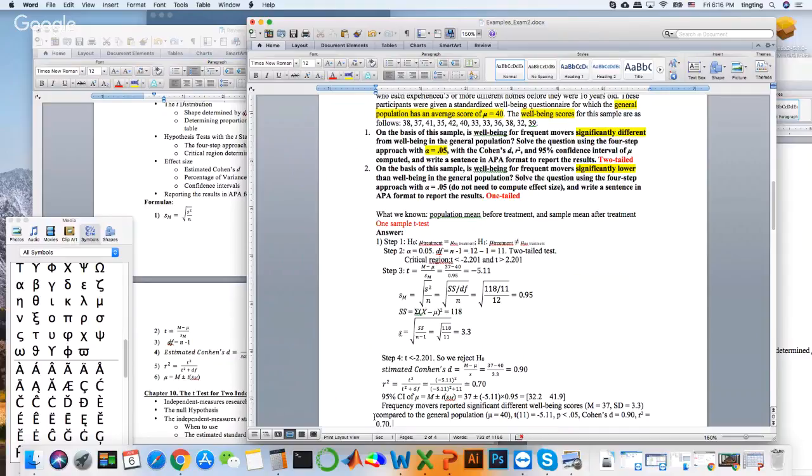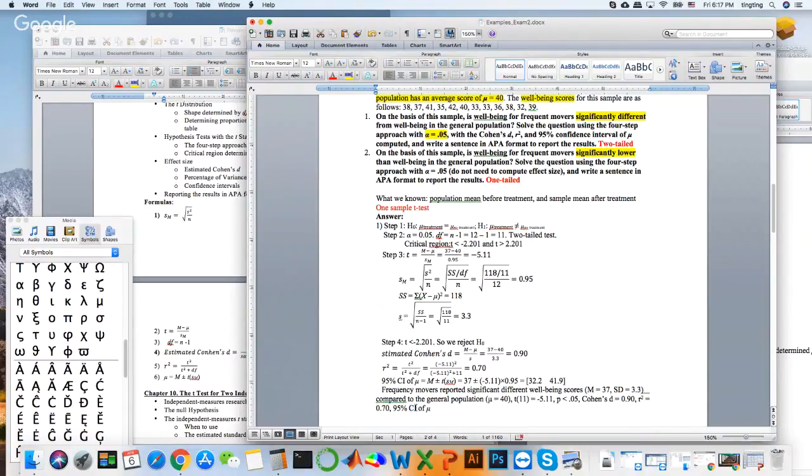And then last one is the 95% confidence interval. So that's it. We have everything, right? We solve question 1.